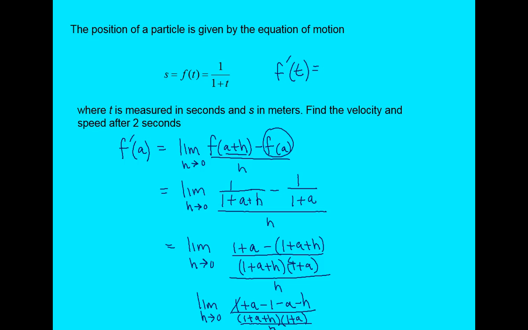The 1's cancel, the a's cancel, so we are left with the limit of -h all divided by 1 plus a plus h times 1 plus a, all divided by h.